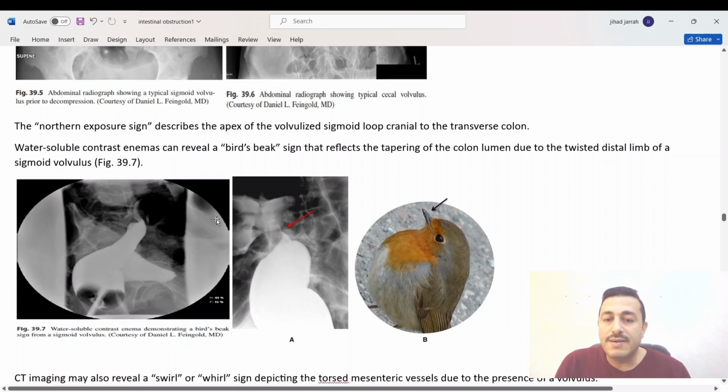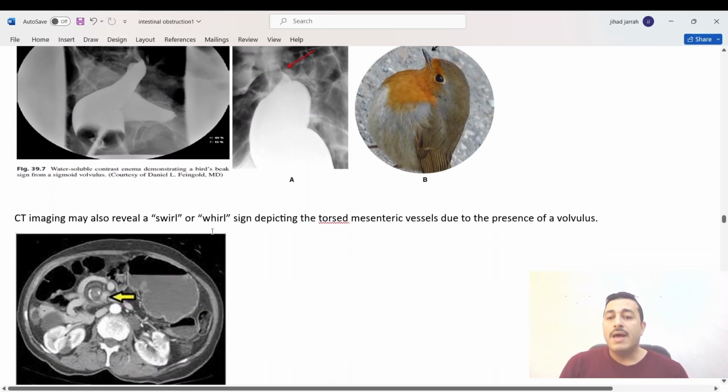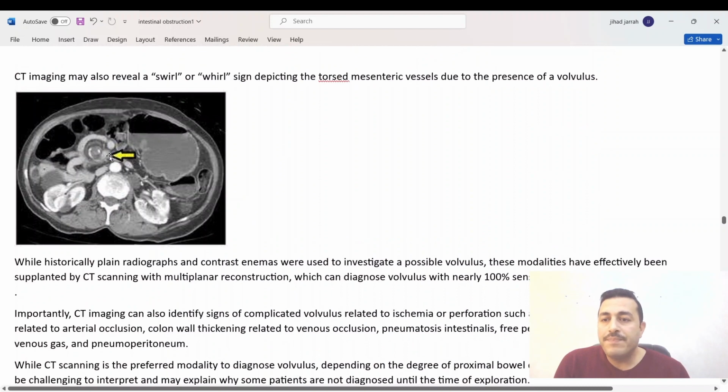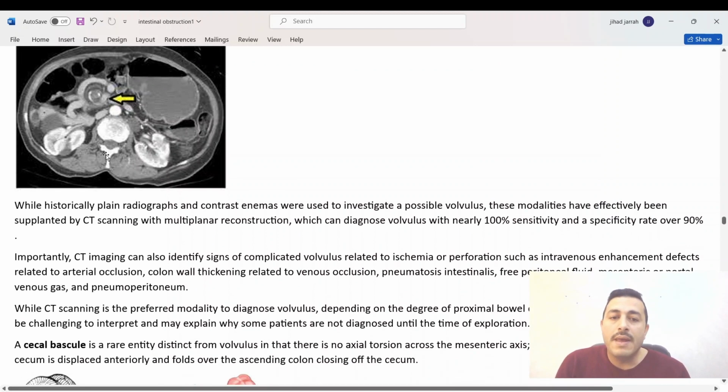It's a bird's beak sign. On CT you can see the swirl or whirl sign. You can see it here. To see this picture accurately, you should scroll up and down in a dynamic fashion to see it better.